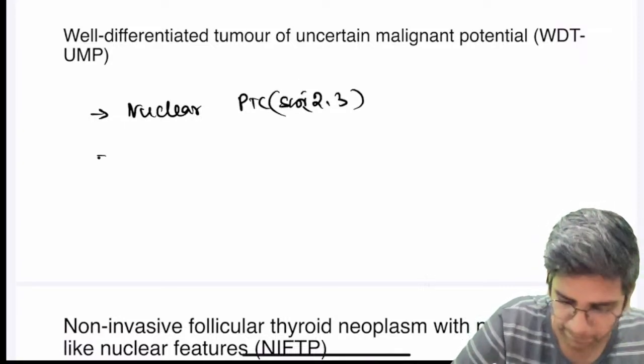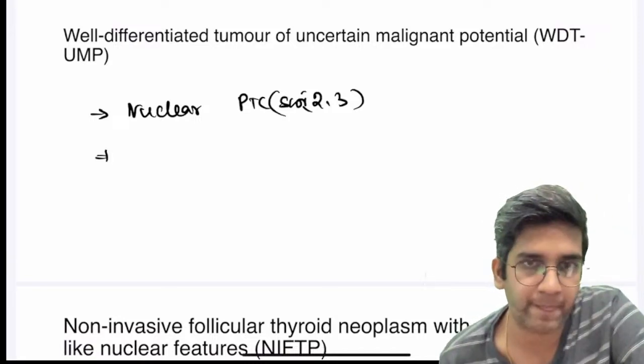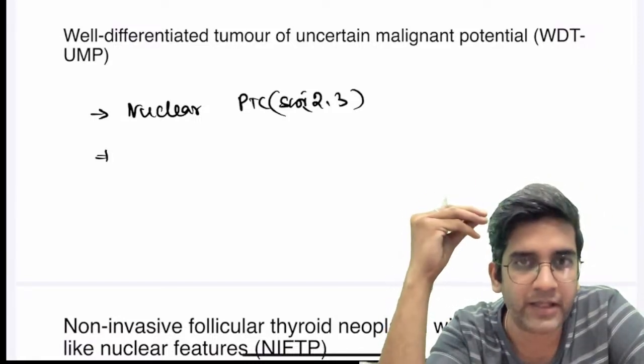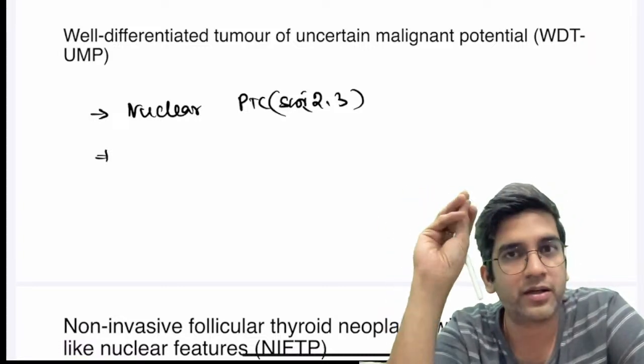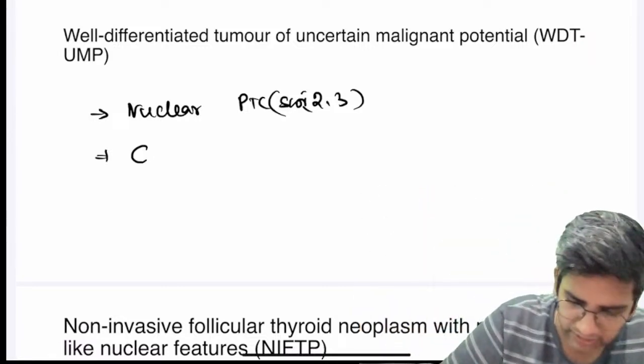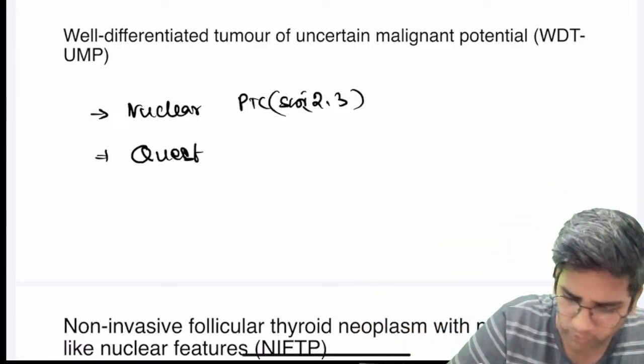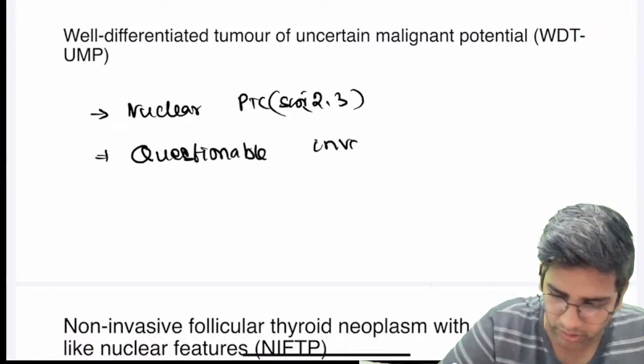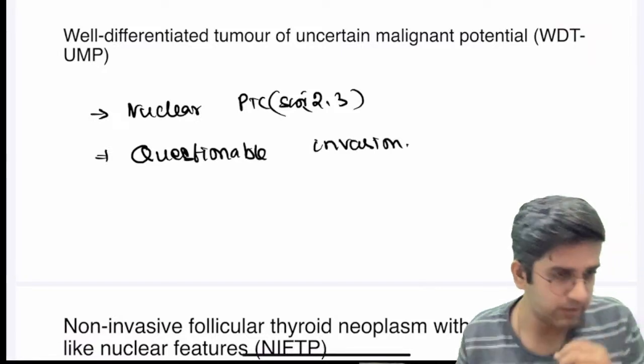But again, questionable invasion. I am not able to find the invasion in spite of thorough sampling. If invasion is excluded, then it's different. But I'll have a questionable invasion, same as what we saw previously. Okay, clear? Fine.